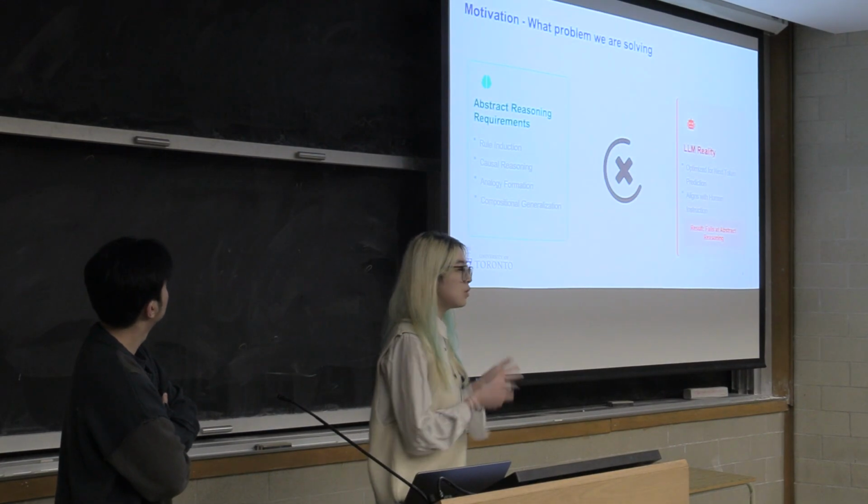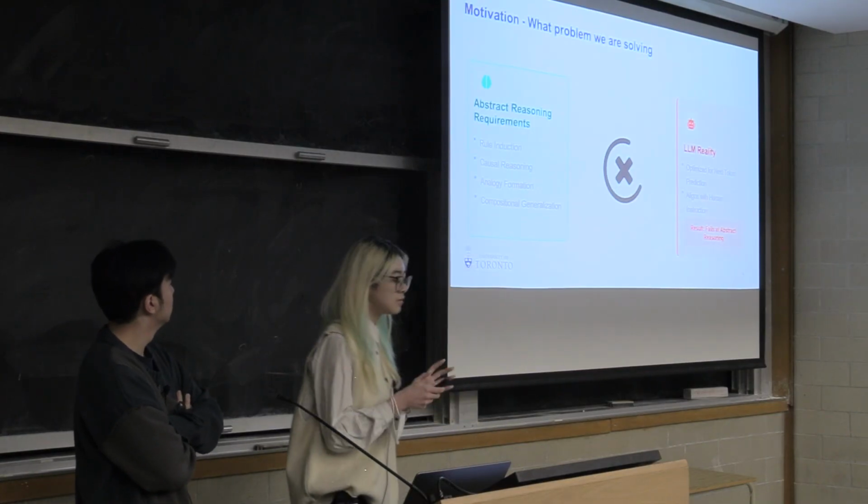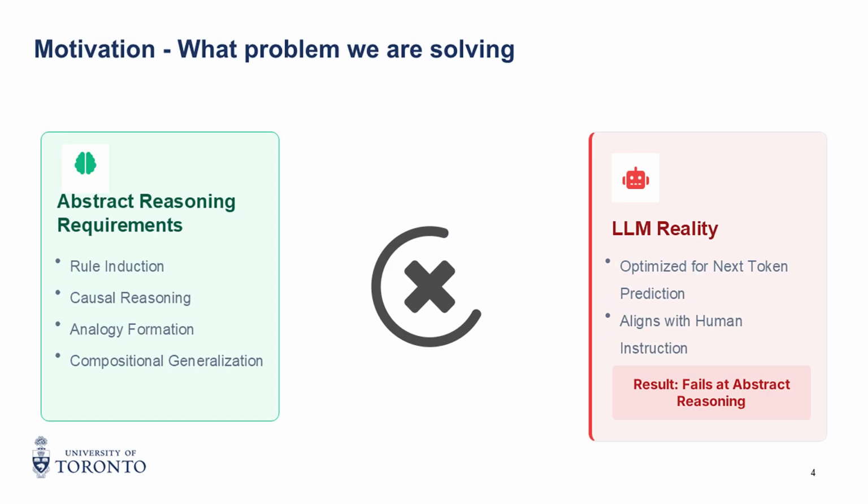Okay, and what problem are we actually solving? It is a mismatch between the large language model reality and the abstract reasoning requirements. The abstract reasoning requirements have these 4 attributes, which require the model to think about what the underlying rules behind each task are, and once it understands the rules, apply them to new tasks.